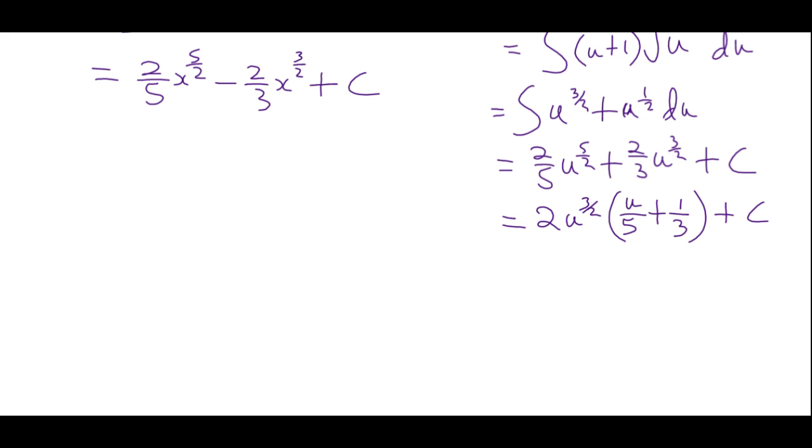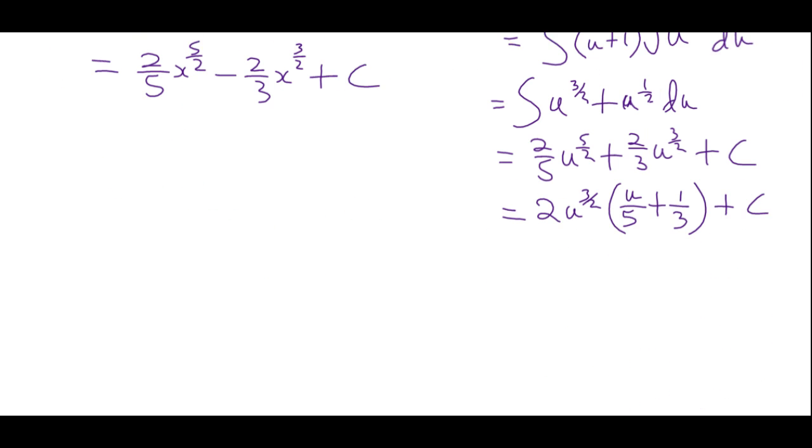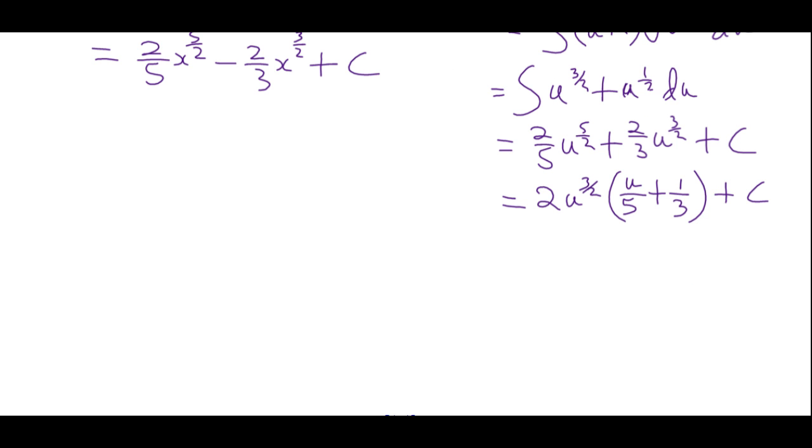See, the 1/3 isn't just a 1/3. It's being multiplied by u, which really is x minus 1. We're not quite there yet because we're going to simplify this. The common denominator is 15, so we need 3 of these, so 3u plus 5.